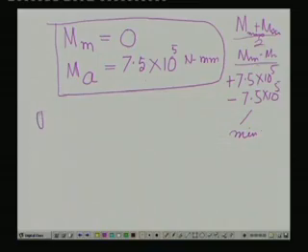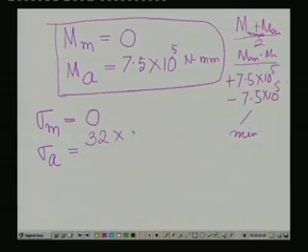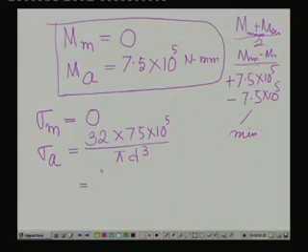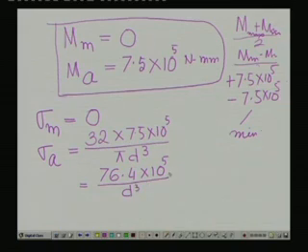So, the mean bending stress is 0, and what will be the amplitude stress? This comes out to be 32 into M by pi d cube, which comes out to be something like 76.4 into 10 to the power 5 by d cube.